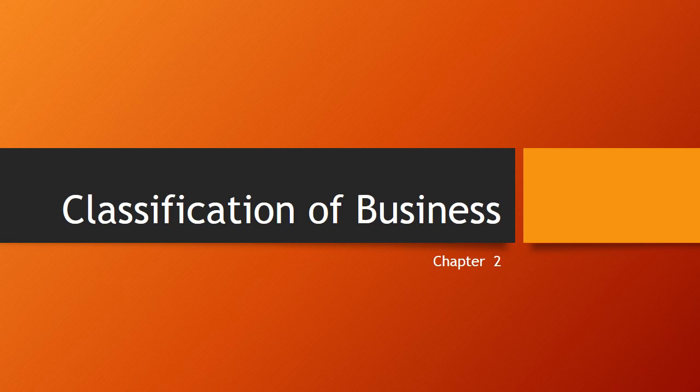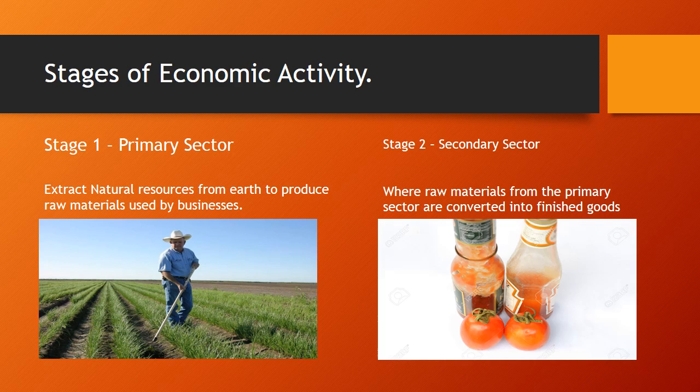So today we're going to cover more about business that is classified into different sectors. Businesses can be classified by stages of economic activity. We've got 3 stages of economic activity. Stage 1 is the primary sector, where you deal with everything related to extracting natural resources from the earth or raw materials that are used by manufacturing businesses in the secondary sector.